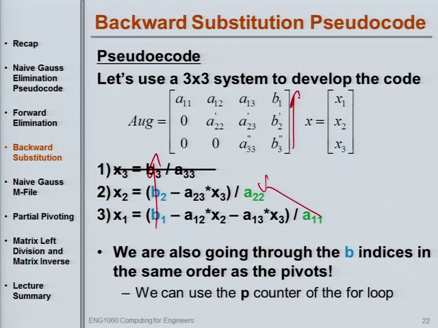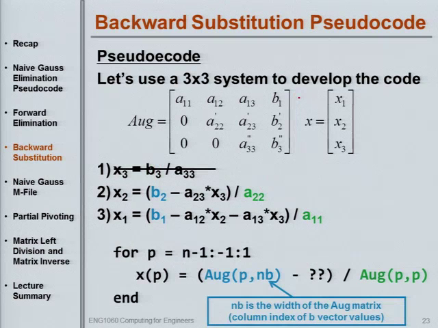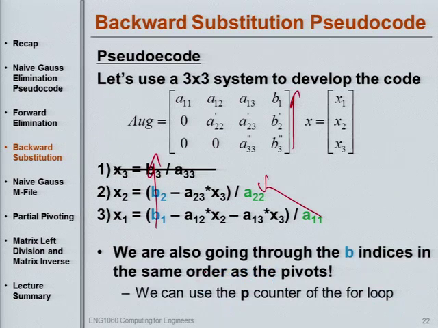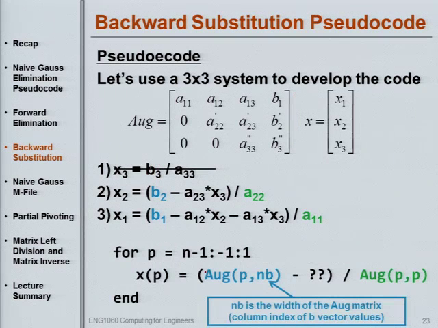Okay, so our value of xp is going to equal, oops, wait a second, where am I? Yep, I confused myself. That's B. In fact, that's BP.